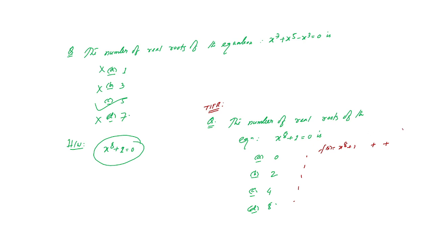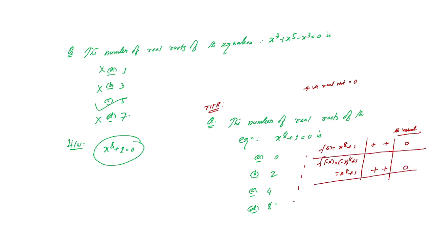So the number of variations is 0, which means there is no positive real root. Similarly, if we take f(-x), that will be (-x)^8 + 1, so x^8 + 1. Again, the sign is plus plus, so there is no variation.